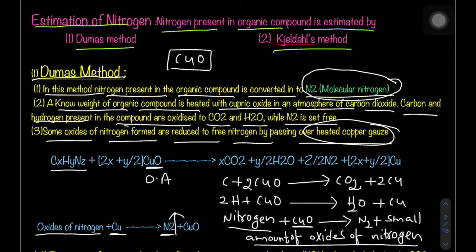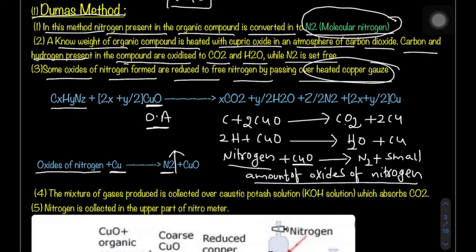The basic fundamental here is that the nitrogen in the organic compound is converted into free nitrogen gas using cupric oxide as an oxidizing agent, which oxidizes carbon into carbon dioxide and hydrogen into H2O.